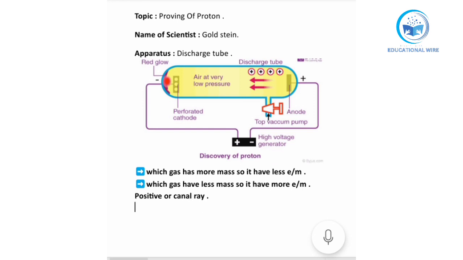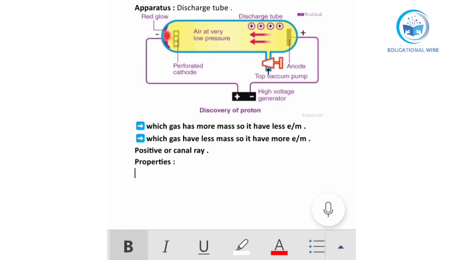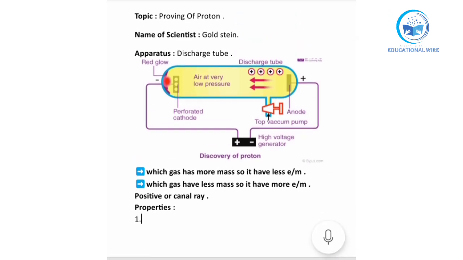Now, as we discussed the properties of cathode rays, we will discuss the properties of canal rays. The first property is the electric field, meaning we discuss the charge in an electric field. The second is the magnetic field, which is another property of canal rays.